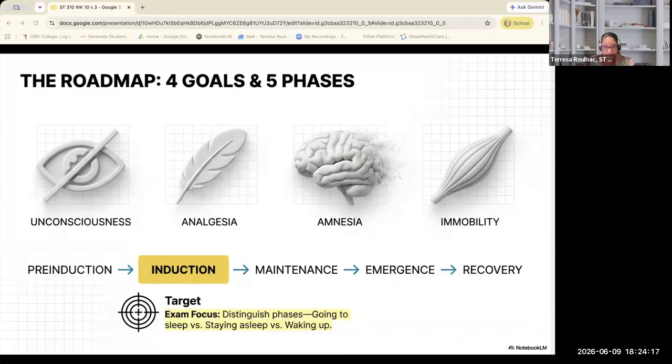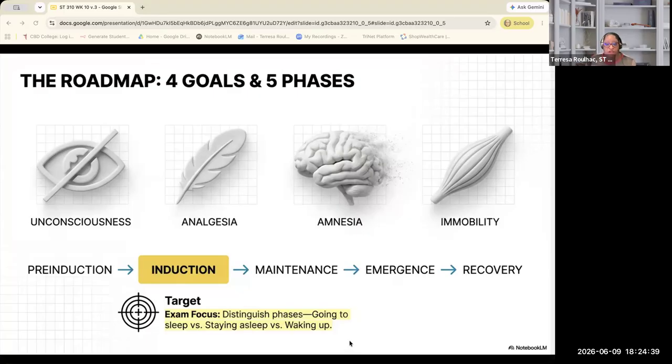Induction, going to sleep. Maintenance, staying asleep. Emergence, now they're trying to wake them up. If you can remember even just those 3, you'll be able to kind of work through many of the anesthesia questions confidently. So let me ask you this.